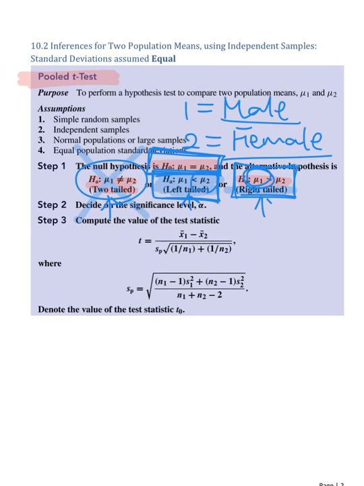Oh my God, look at step 3. It's horrible, you know. Now we have a paired 2 x bars and S1, S2, N1, N2. It's much longer. How can we get the test statistic? It's much longer, but it's nothing.